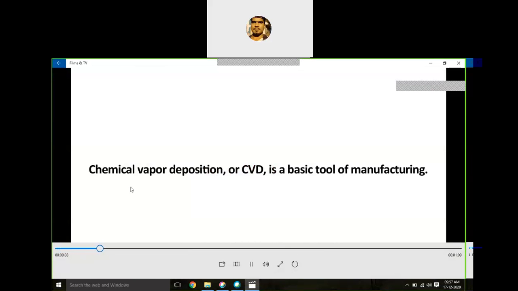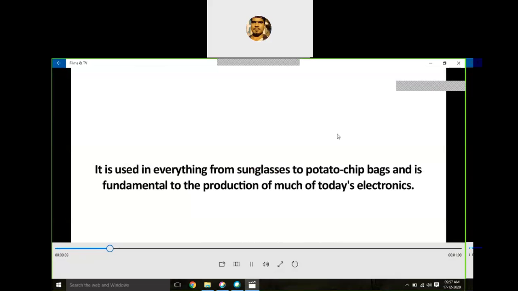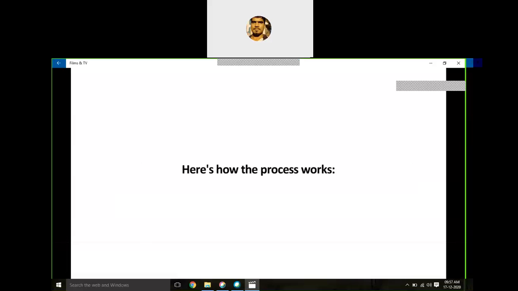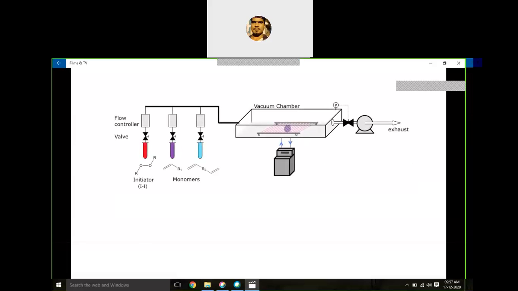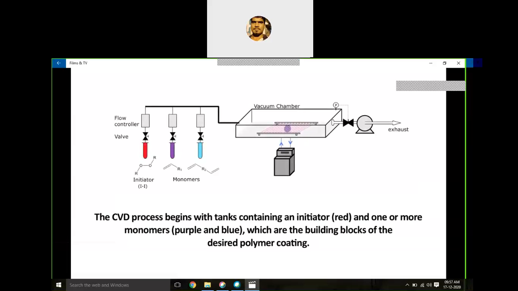Chemical vapor deposition, how the process is performed. In the vacuum chamber, there is the substrate or workpiece, and these are the different gases.